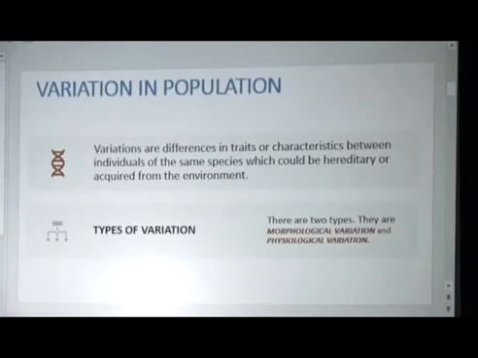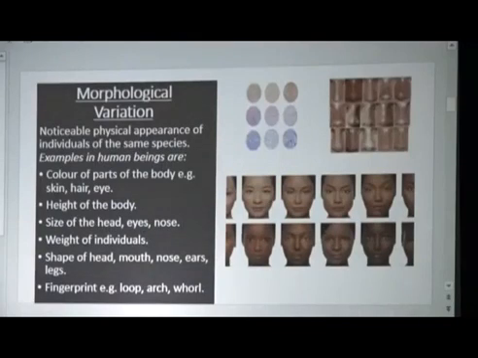Morphological variation. Morphological variation means the physical or noticeable appearance of individuals of organisms of the same species. This makes that organism to be known.